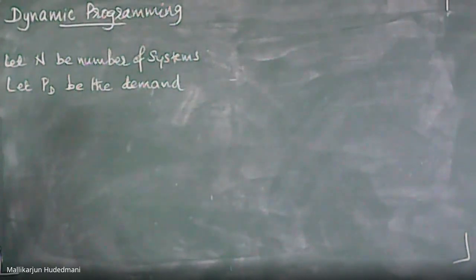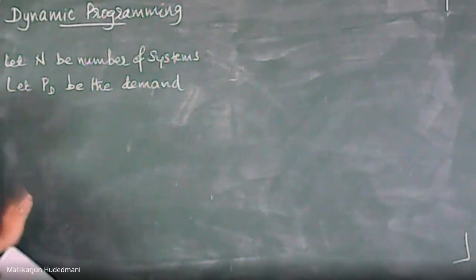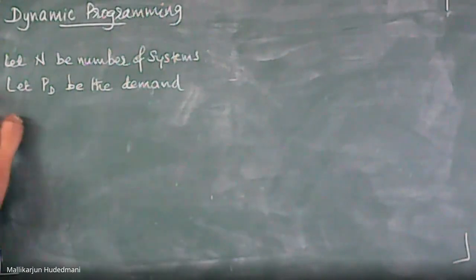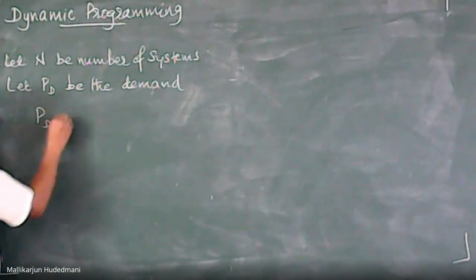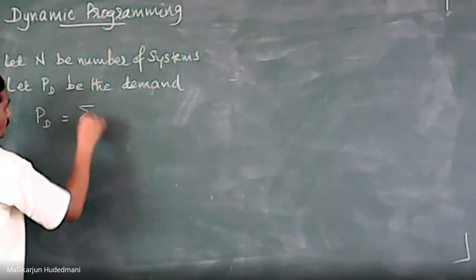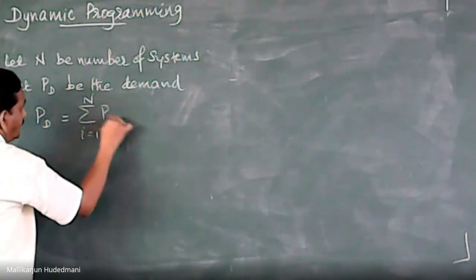Ultimately, my target is to see that generator 1 plus 2 plus 3 plus 4 plus up to n, if I combine all these together, should produce megawatts equal to PD. That's my requirement. Therefore PD must be equal to the summation of PGi, i equal to 1 to n.